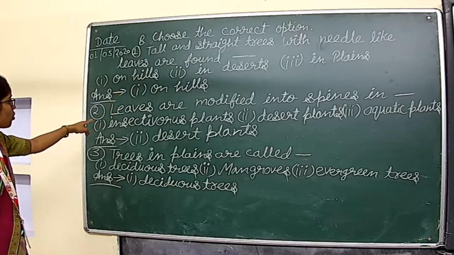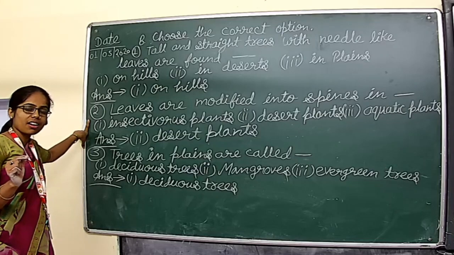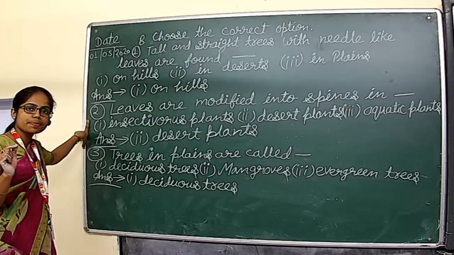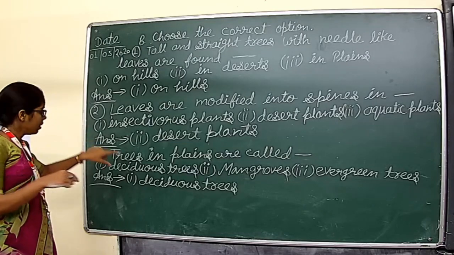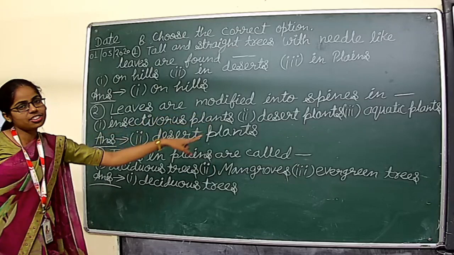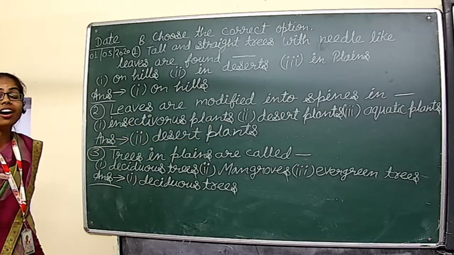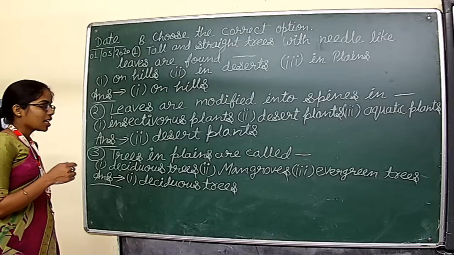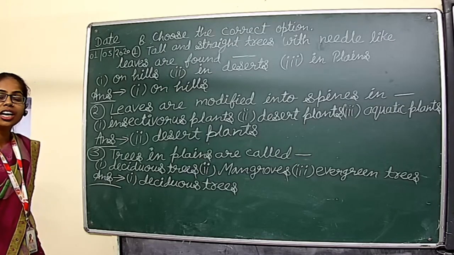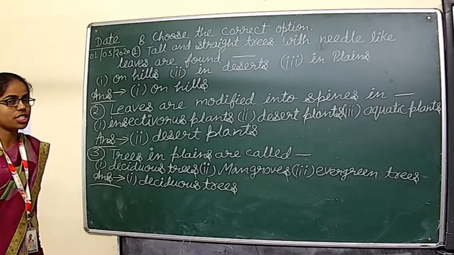Now, question number 2: leaves are modified into spines in dash. The second option is correct here, desert plants. I told you the reason for this. What was the reason which I told? In order to avoid the loss of water.